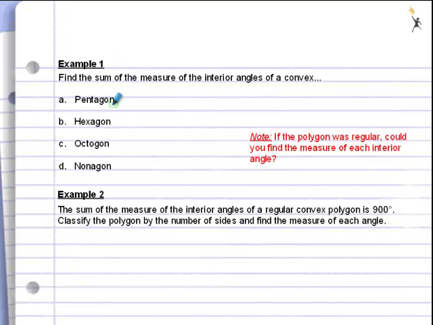Here we see in example 1, we're told to find the sum of the measure of the interior angles of a convex, and then we have pentagon, hexagon, octagon, nonagon. Now, you're going to need to know different prefixes, meaning words that are used to describe a specific number.